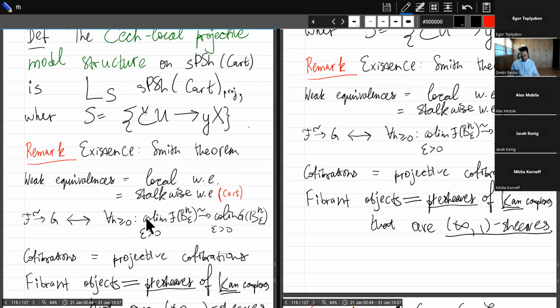Then you let epsilon go to 0, so you construct a diagram of shrinking open balls, and you take its colimit. And that's the n-dimensional stalk of a presheaf on the Cartesian site.